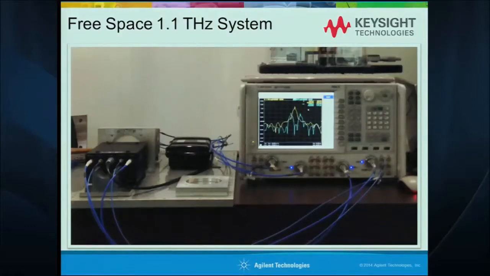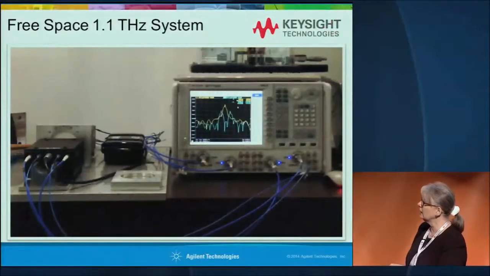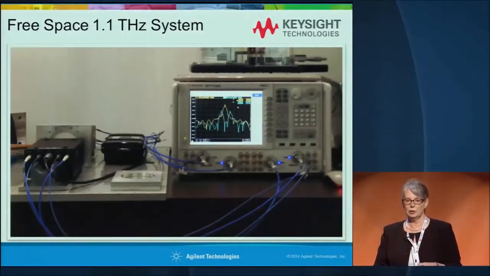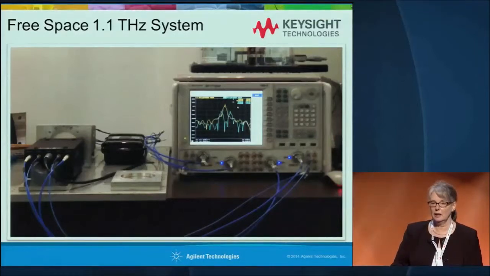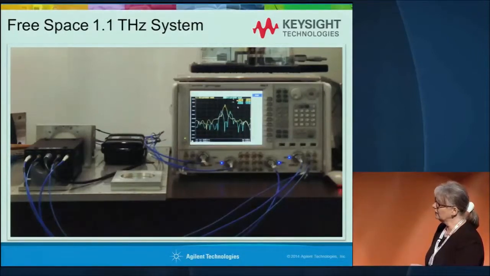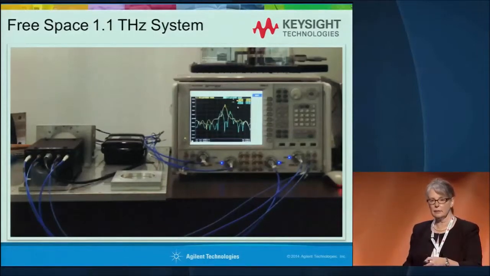And we can see two big responses, one here and one here. At first that was very confusing to us. We didn't know why we would see two responses from the sample, until we figured out that the distance between those two responses was the thickness of the sample that we had. So what we're looking at here is a reflection off the front surface of the sample as we transition between the air and the material that the sample is made out of.